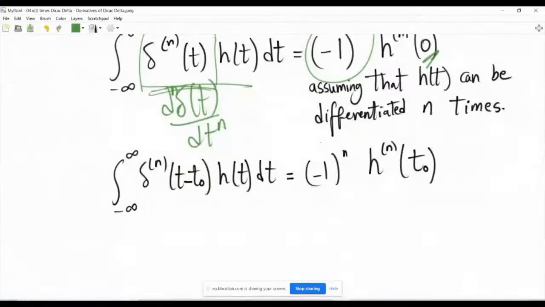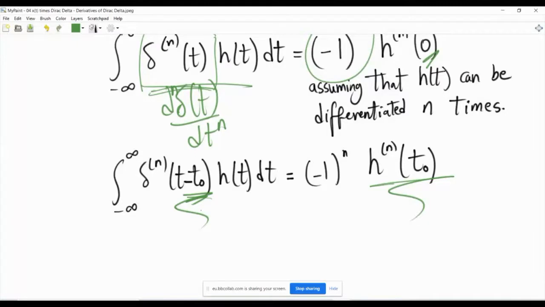And you extend this to shifts. If you have a shifted derivative of a Dirac delta, then when you evaluate the nth derivative of the function, you don't do this at the origin, you do it at the location of the derivative of the Dirac delta. So can we differentiate the Dirac delta? Yes.